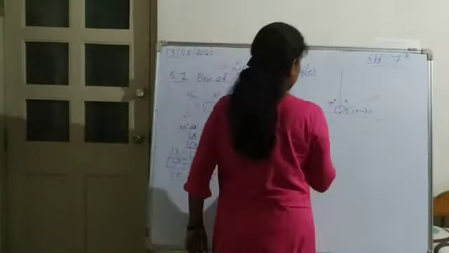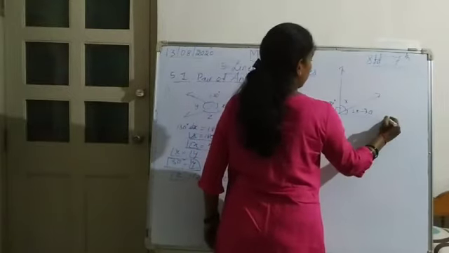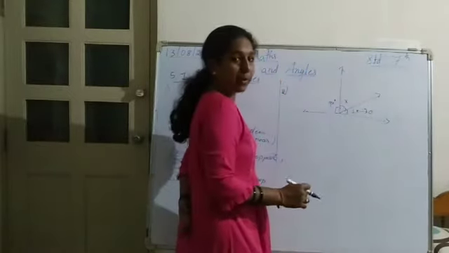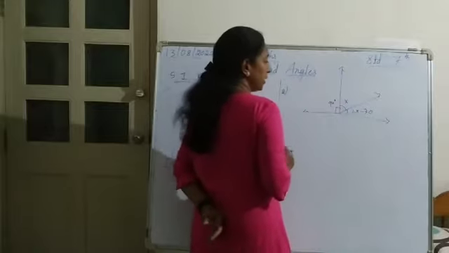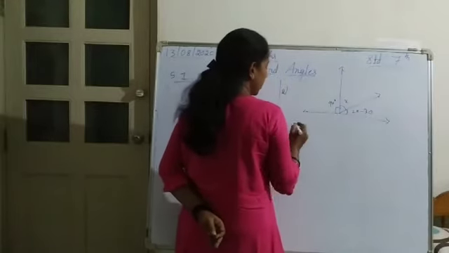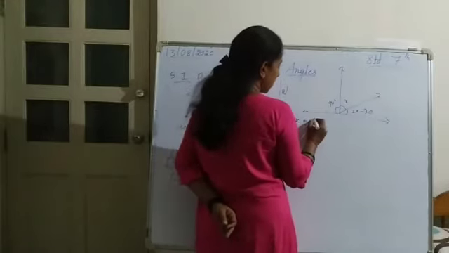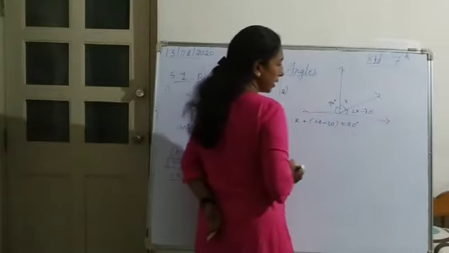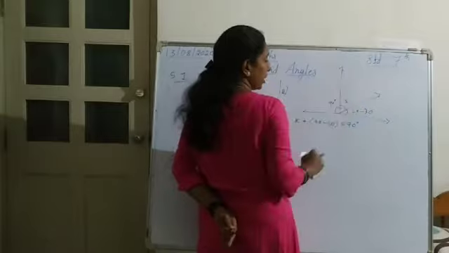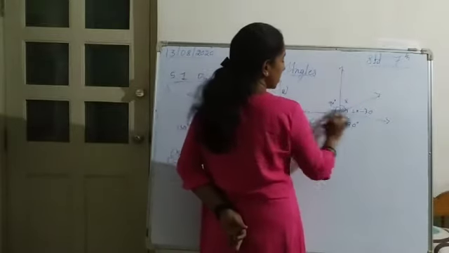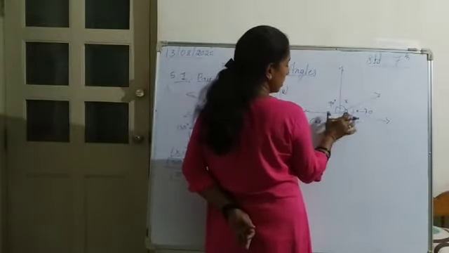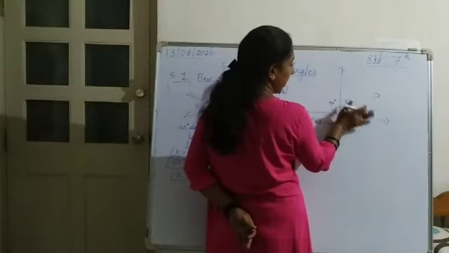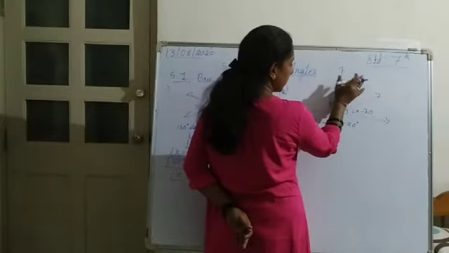We have to find the value of x. We know that these two angles add up to 90 degrees, because this is a straight line. If this is 90, then this should be 90, complementary.